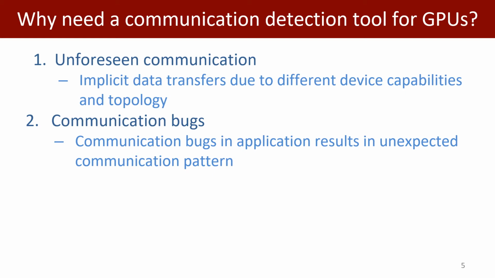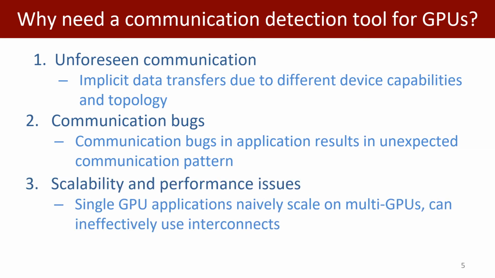However, the bug causes an unexpected communication pattern which may be hard to infer from the debugging alone. Lastly, when single GPU applications are naively scaled up to multiple GPUs, they may still follow a master-slave communication pattern, which would mean that they are not effectively using the GPU interconnect.